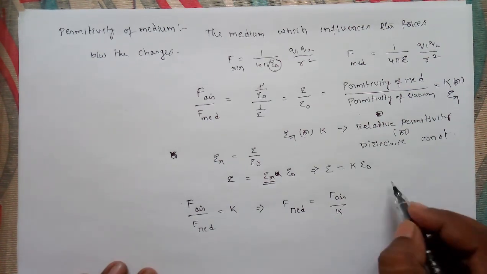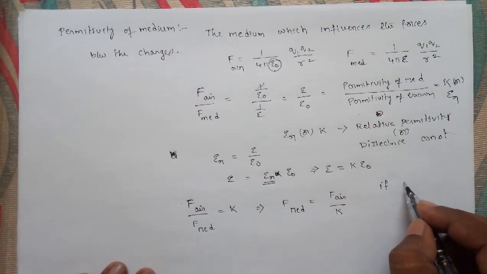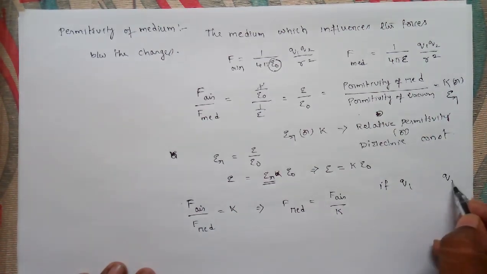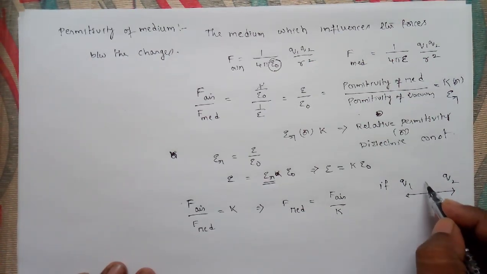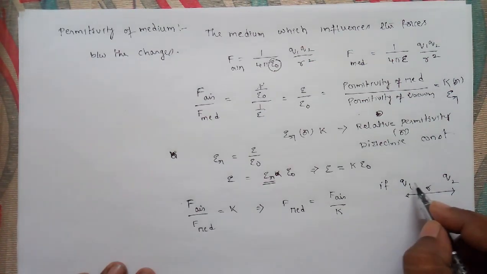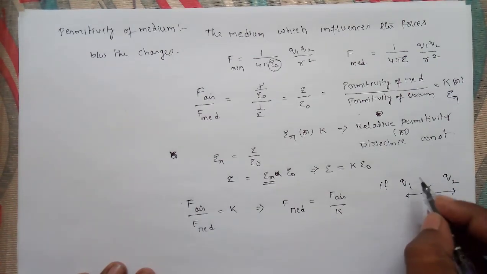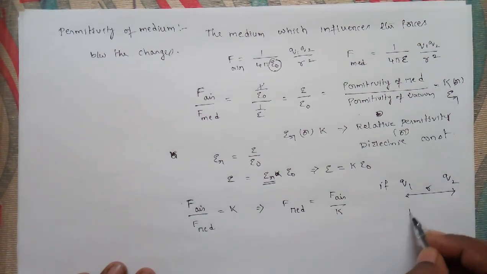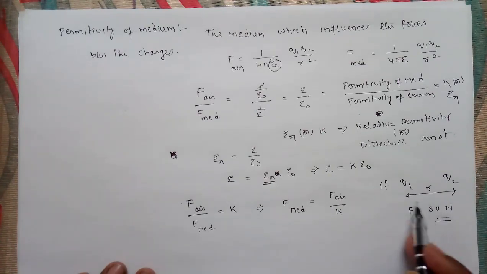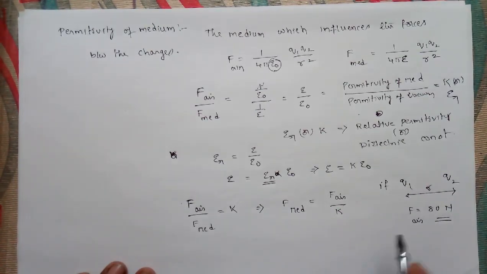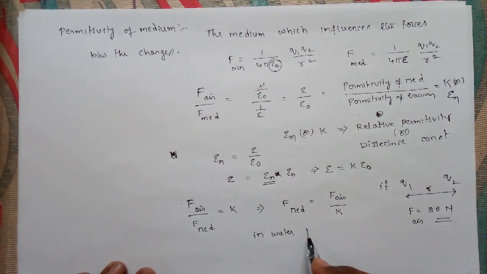For example, if charges q1 and q2 are separated by a distance r, let us suppose they experience some force F in air, say 80 newtons. So in water, if they are placed, the dielectric constant of water is 80.